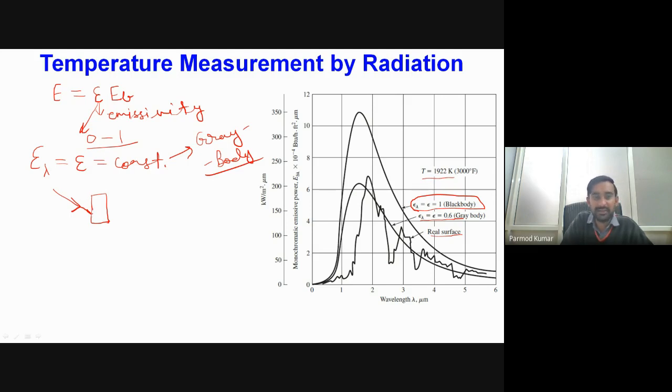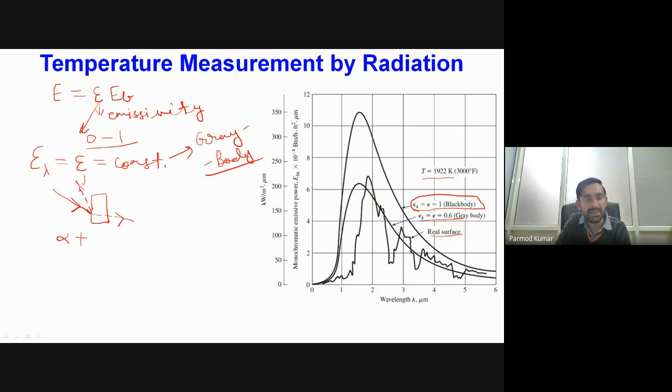Depending upon the characteristics of this surface, some part of it will be reflected, some part will be transmitted through the surface, and some part will be absorbed inside the surface. If alpha represents the fraction of the radiation absorbed within the surface, then alpha is the amount of energy absorbed divided by the amount incident on the surface.